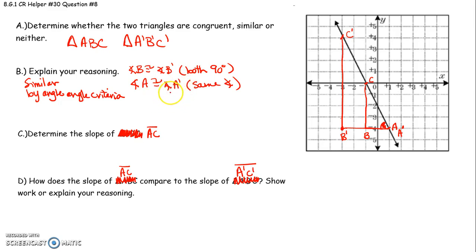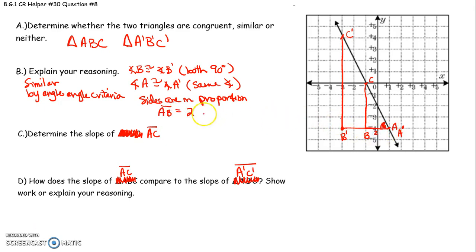All right. We also have to make sure our sides are in proportion. So that's what I'll show now. I'll also tell sides are in proportion. If I look at side length AB, that's 2 units.